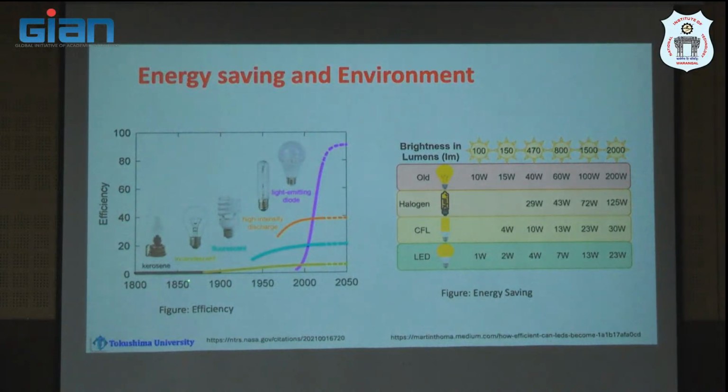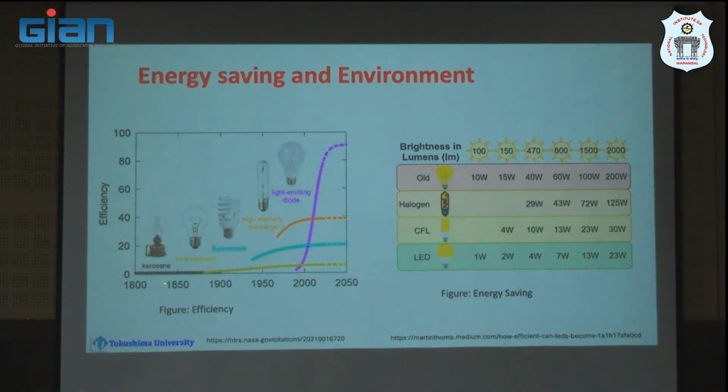And after that, maybe the incandescent lamp, then fluorescent, then high intensity discharge kind of lamp, and after that the light emitting diode. So if you look at the progress, this is almost 200 years of progress. So within 200 years, look how much we moved in the search of light.